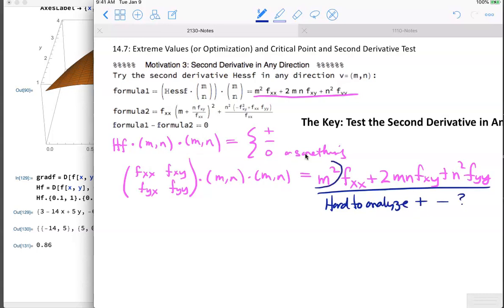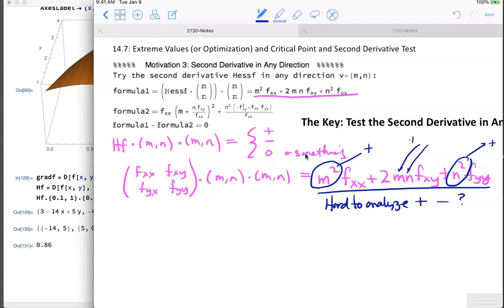Now we know that m squared is a positive number. We know that n squared is a positive number. Even if m was negative and n was negative, when you square it, you make them positive. But we don't know about m times n.